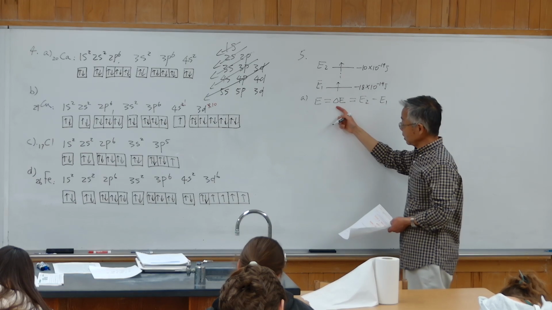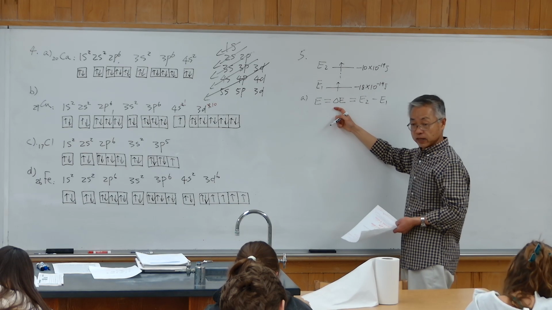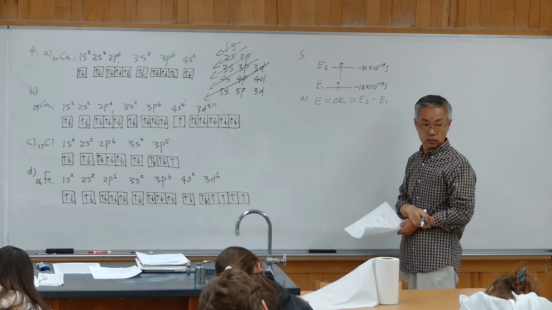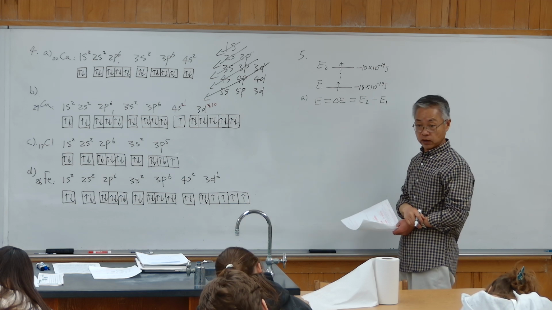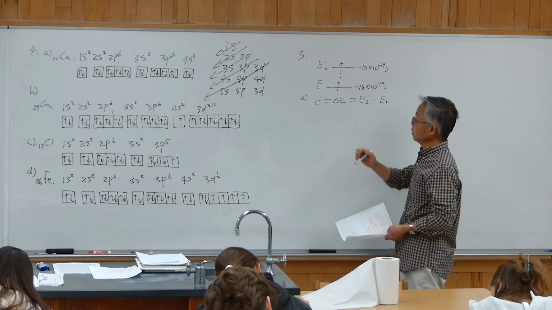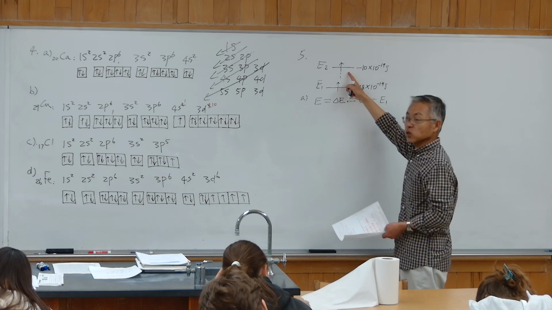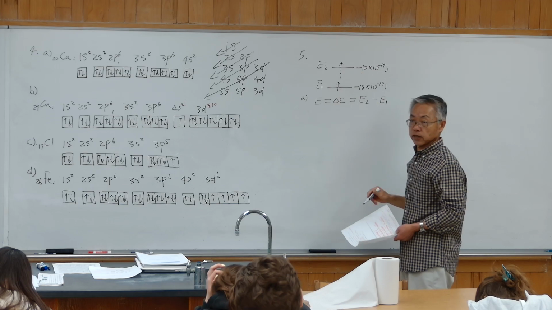So the energy change is always final minus initial. Volume change is also final minus initial. So energy change is always final value minus initial value. And here it asks you the electron is excited from E1 to E2. Which one is the final? Of course, E2 is the final, right?